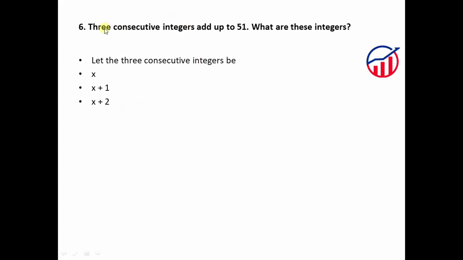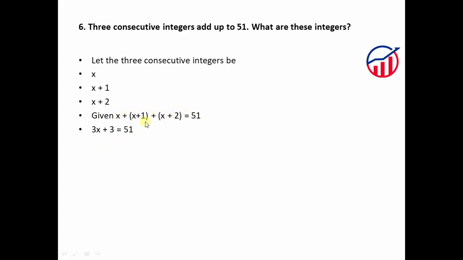Then what is given? Three consecutive integers add up to 51. So we know that if you add all three, the value will be 51. Let's put it in an equation. So what is it? X plus x plus 1 plus x plus 2 is 51. Solving that further, we have what? X plus x plus x, which is 3x, and 1 plus 2.